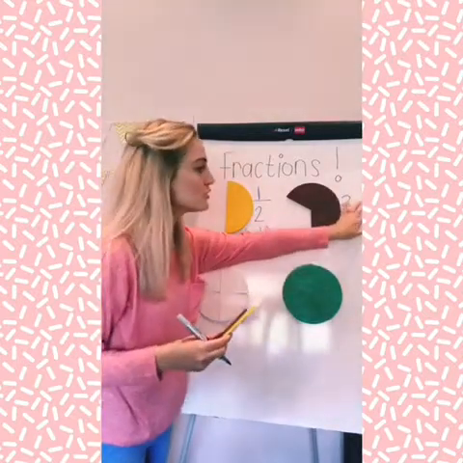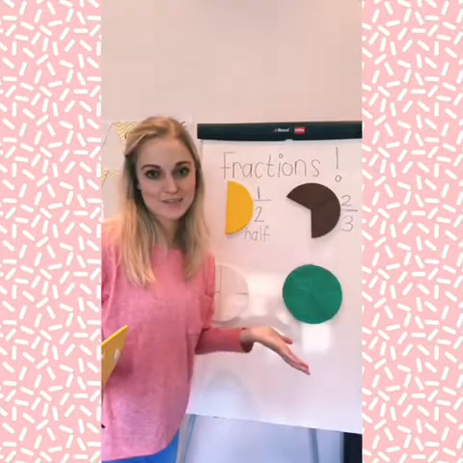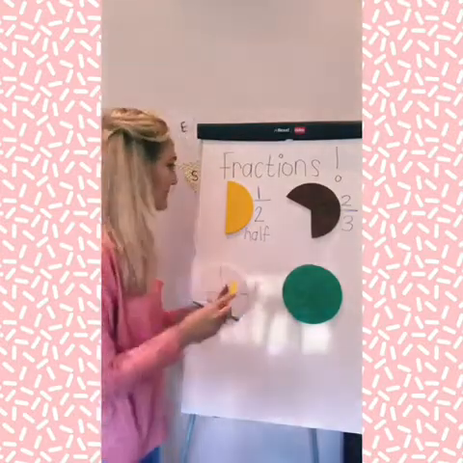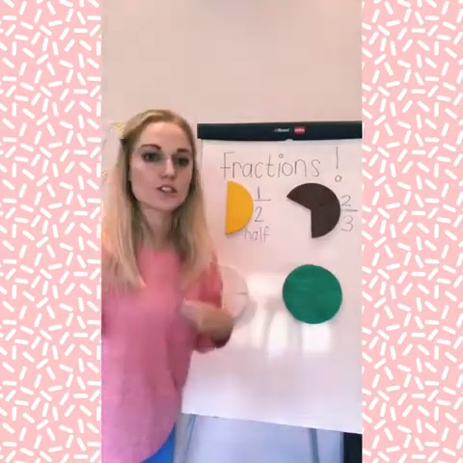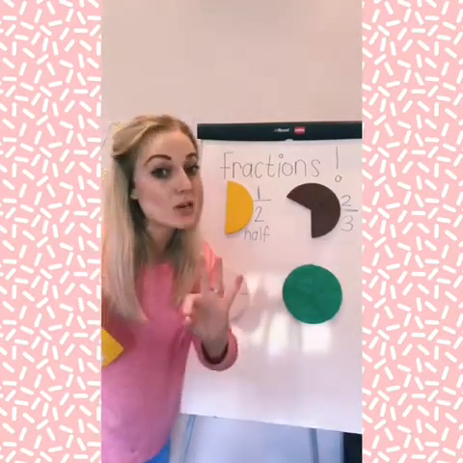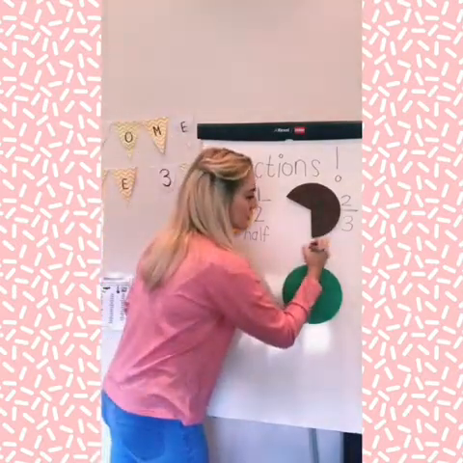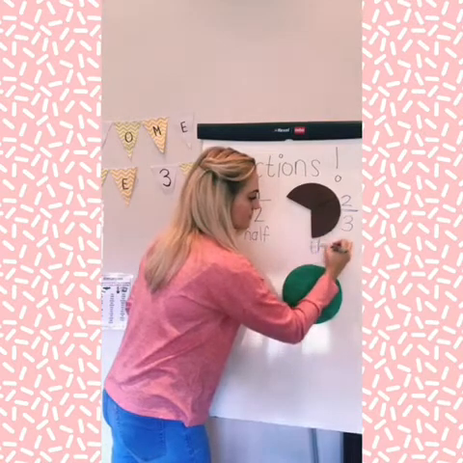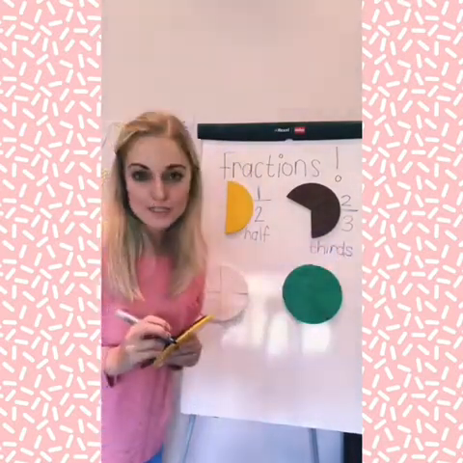So 2 of my 3 pieces of pizza are left. If you cut a pizza or a rectangle or a square or anything into 3 equal pieces, we call them thirds. You've cut it into thirds. Okay.